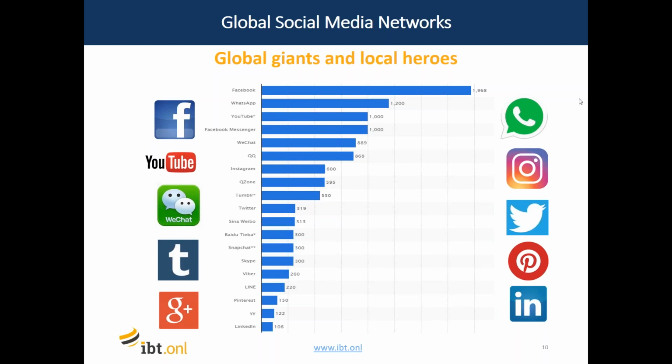Basically, they're all American or Chinese right the way down until about number 15. The top 4 are all American. And here you can see as well the dominance of Facebook, which we'll talk about a bit later. But there you have the large ones across the world.